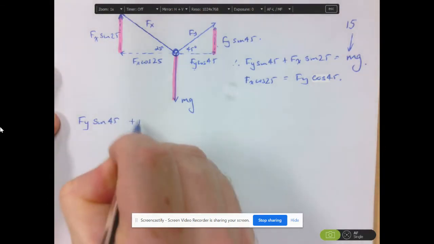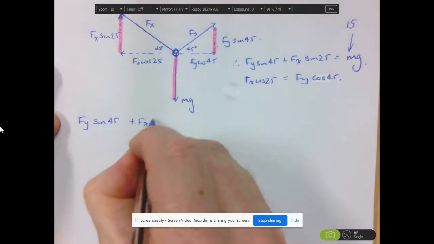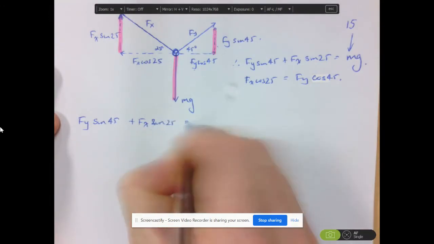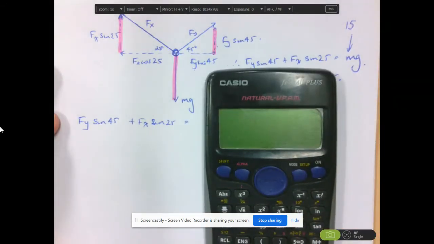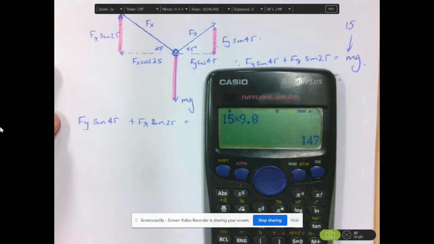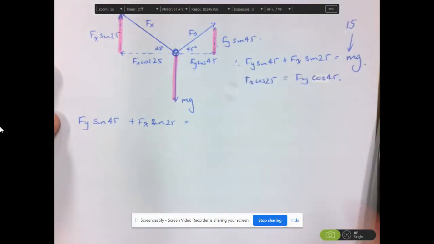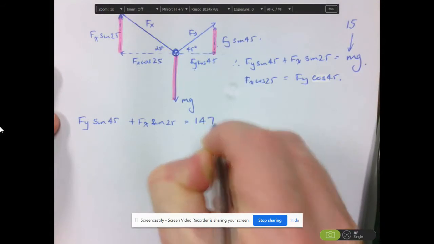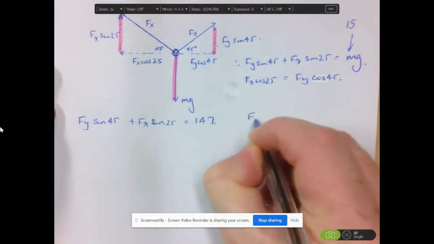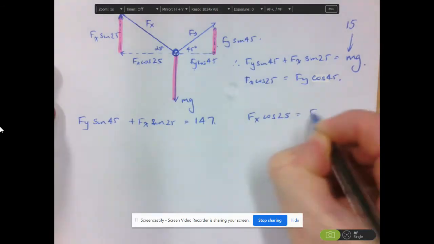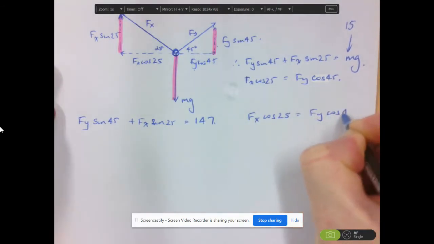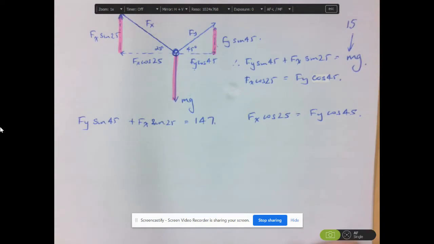Plus Fx sine 25 would equal 15 times gravity, so the gravitational acceleration, so 15 times 9.8, and that's 147. Also on the other side here, the other simultaneous equation that we'll be using in a few more moments is that one. I'm just transferring it down there so you can see them side by side.